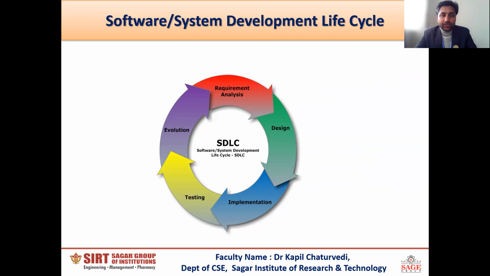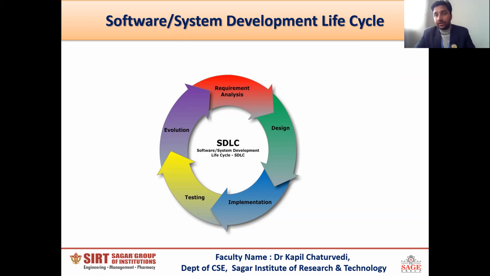So what kind of steps do we have to adopt? First of all, you have to gather the requirements. It means you must know what the requirement of the project is, and that step is known as requirement analysis or need recognition.